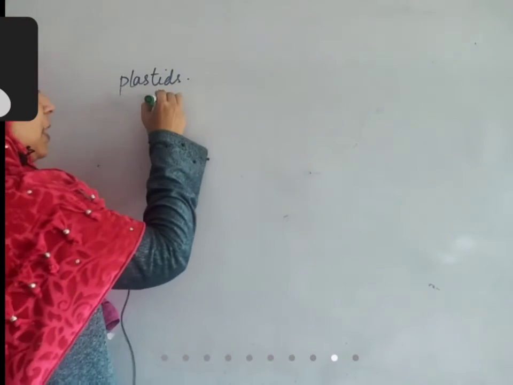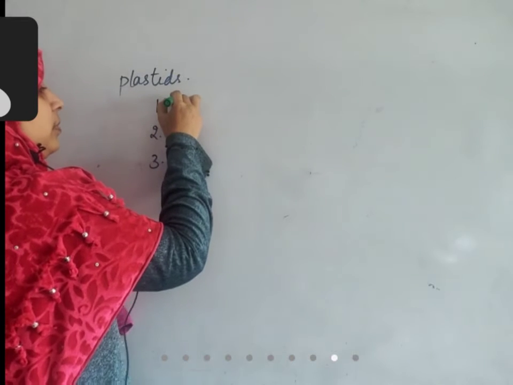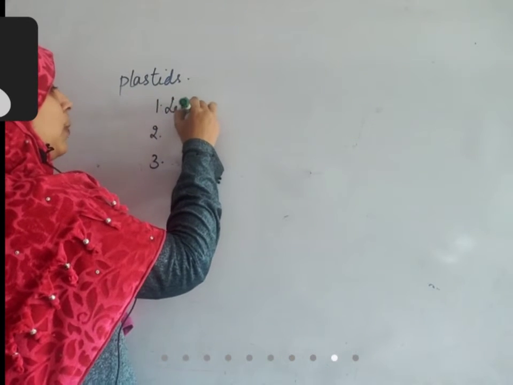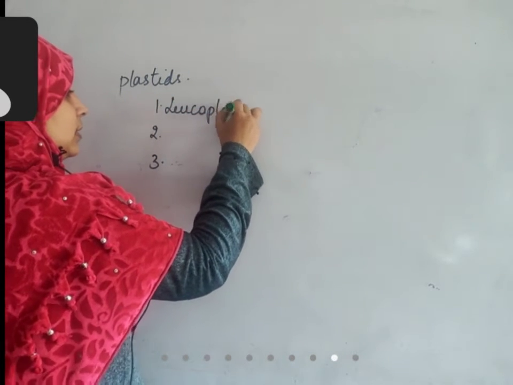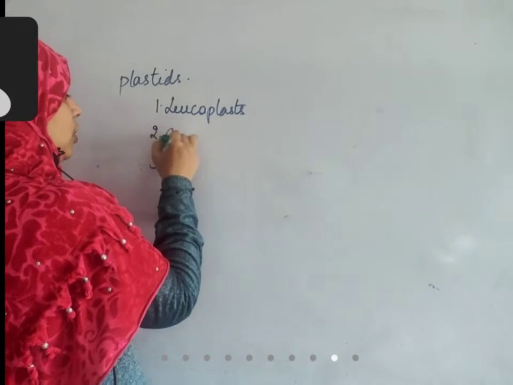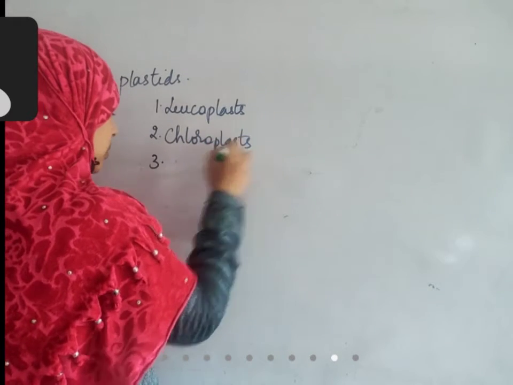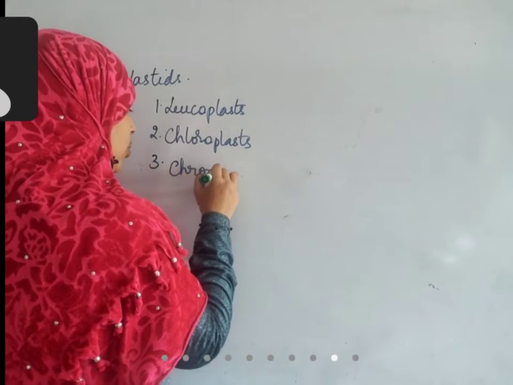There are three types of plastids: one, two, three. Leucoplast, the second one is chloroplast, and the third one is chromoplast.